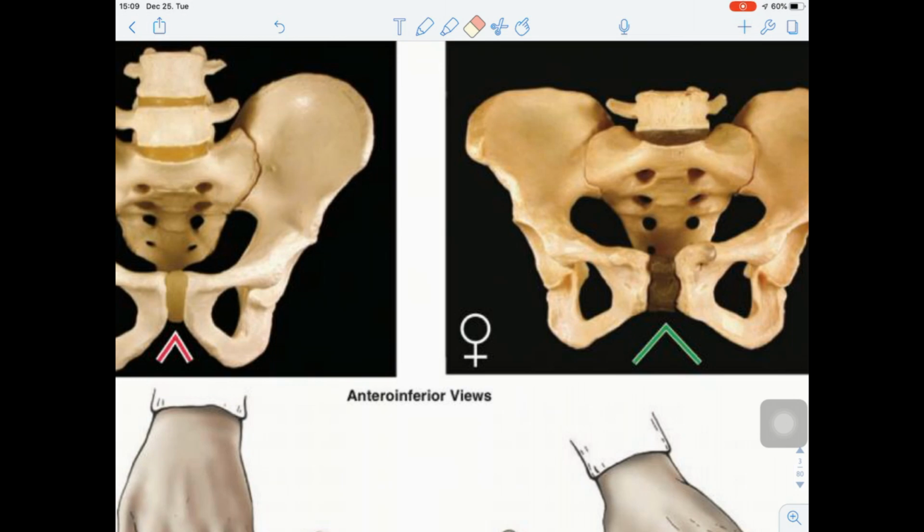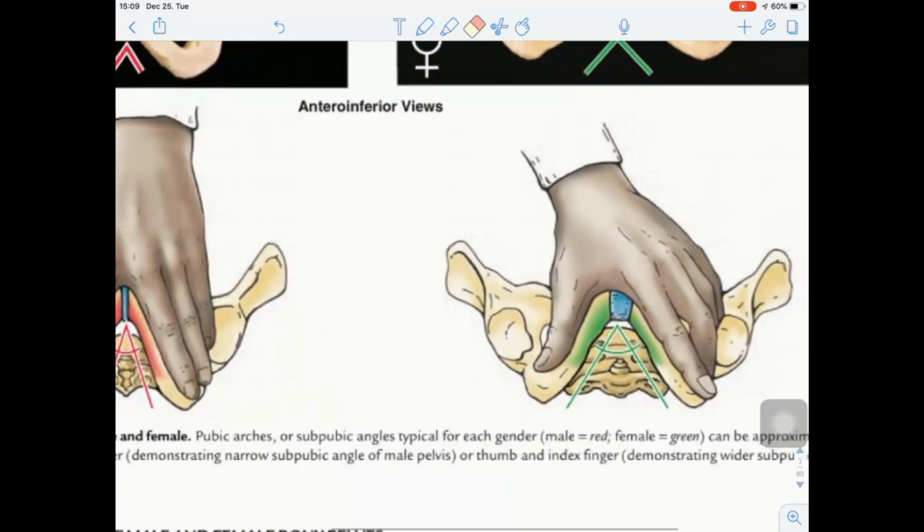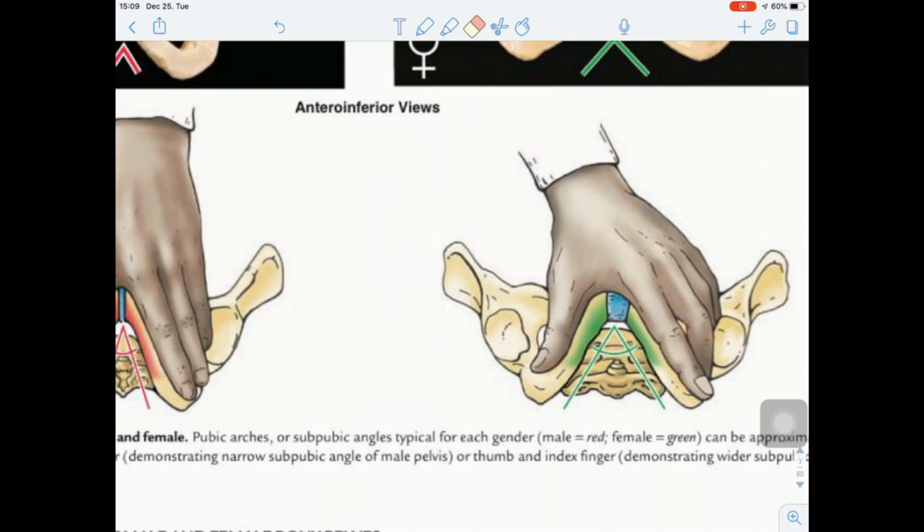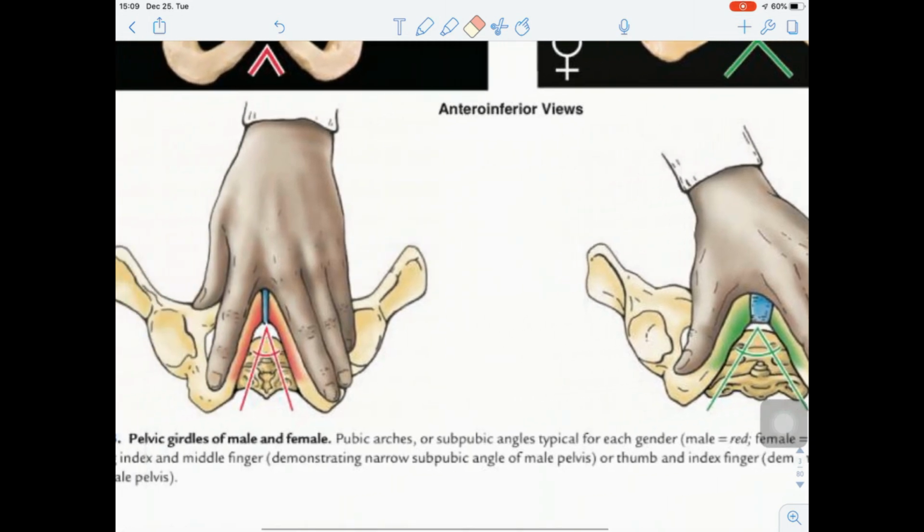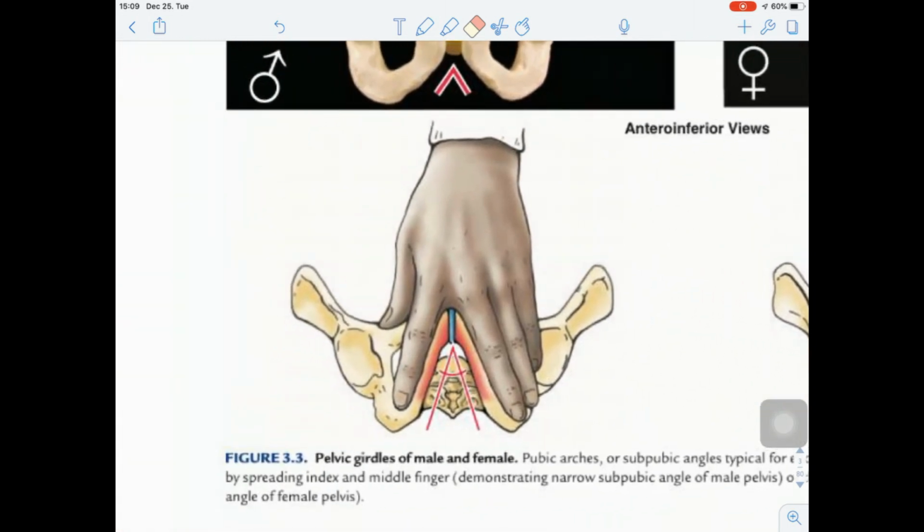The subpubic angle of the female would be, let's say, the angle between the thumb and the index, if you place it there. The subpubic angle of the male is going to be the angle between the index and middle finger. So there's much less of an angle between these two.